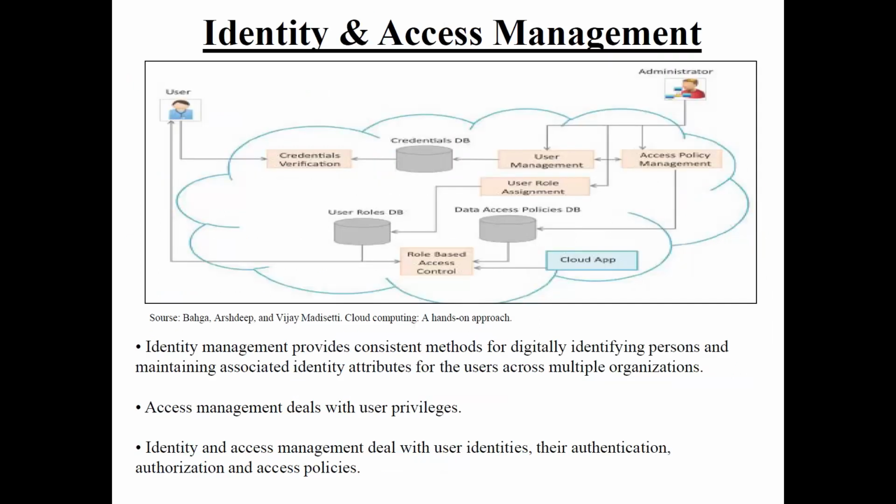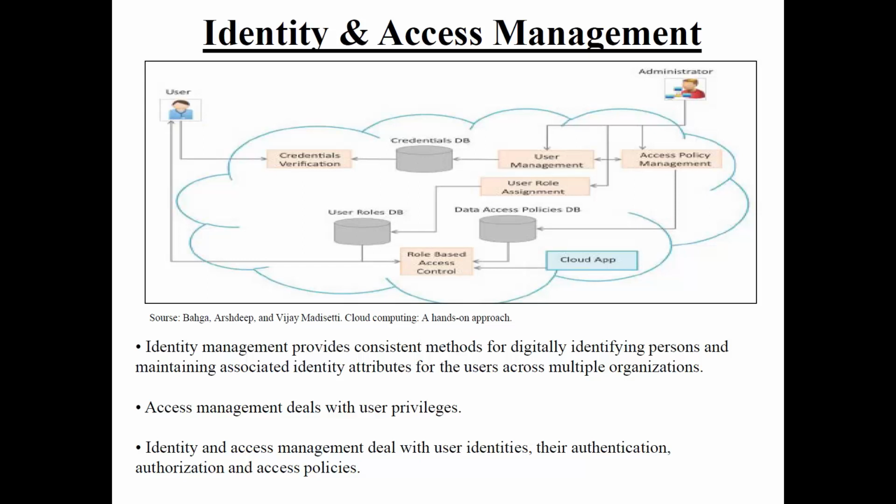Next is identity and access management. Basically, identity and access management provides a method for digitally identifying a person and maintaining associated identity attributes for the user across multiple organizations. Access management deals with the authentication of the user, and the access policies, authorization and access policies.